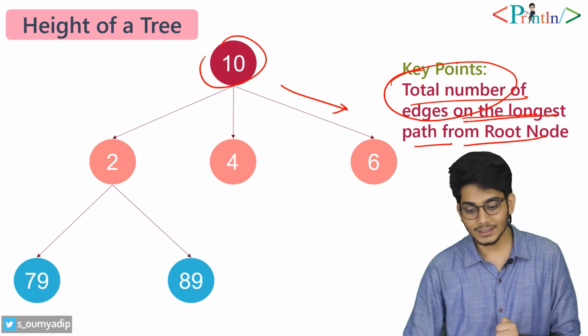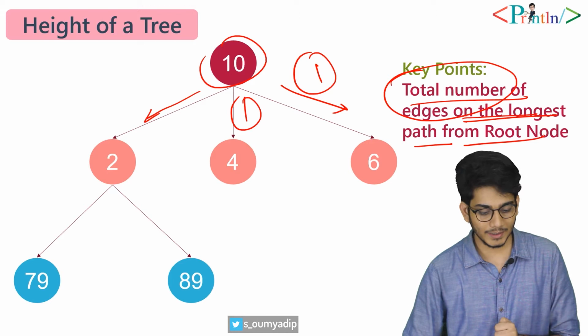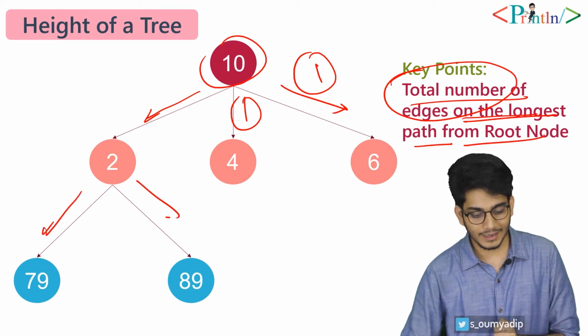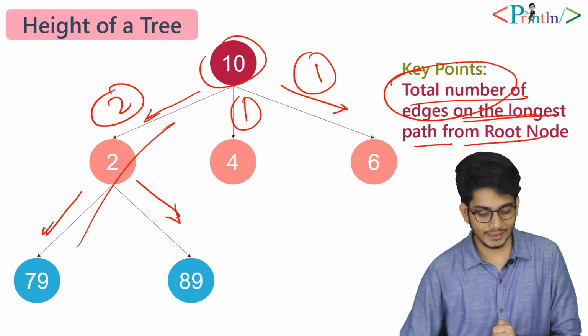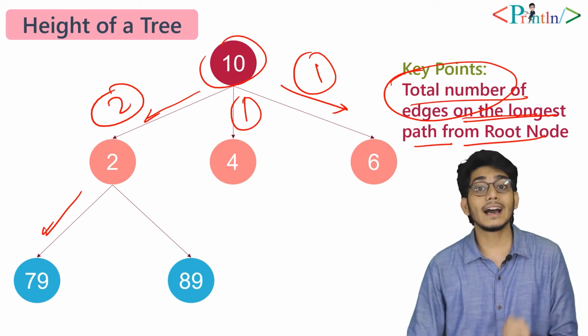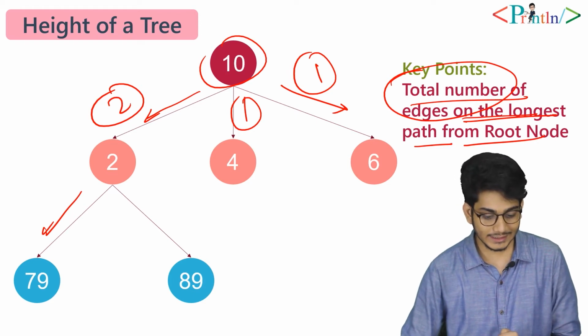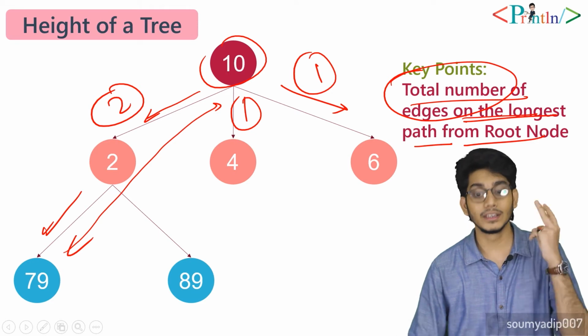In this path, the number of edges is 1. In this path, the number of edges is 2. You can take this path and you can take this path as well, so both are the same. What is the height of this tree? This is the longest path, so the height of the tree will be 2.